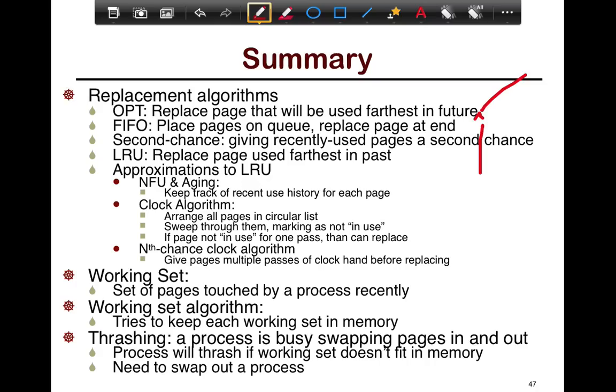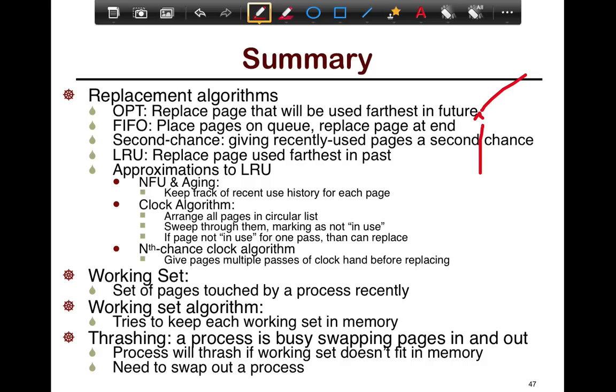There are a few variants of this. There's not frequently used, which uses frequency, or how often a page is accessed, in order to have a notion of how important it is, as opposed to recency, which looks at the notion of time. And then there's the clock algorithm, which uses a clock hand and advances on page faults to figure out which pages are important, and uses the reference bits.